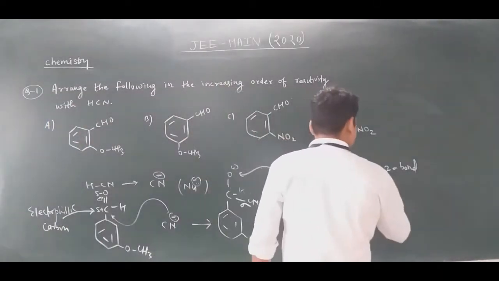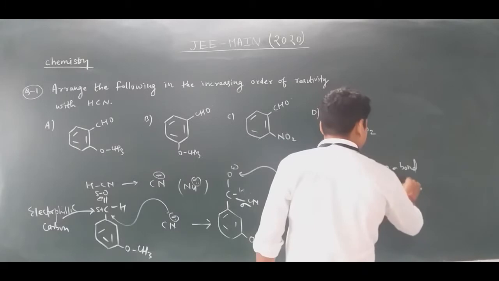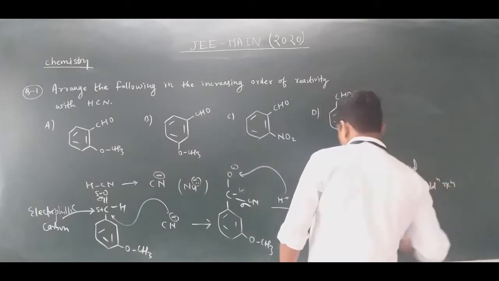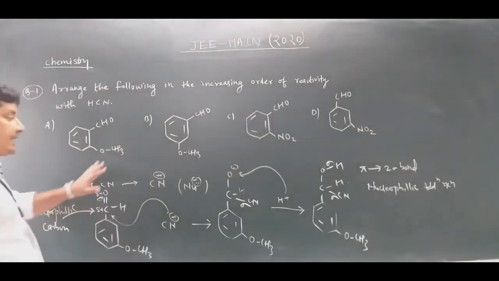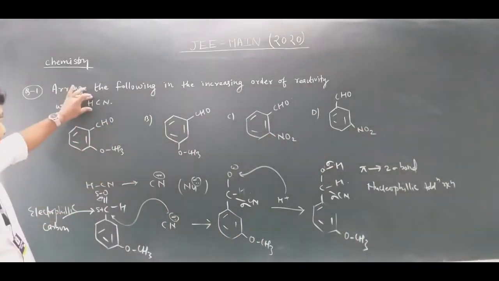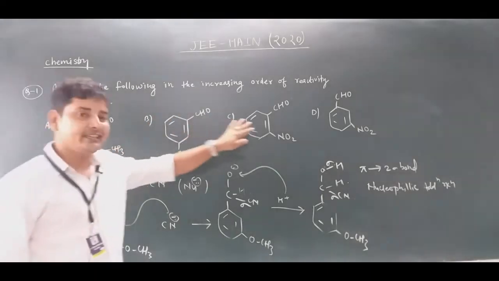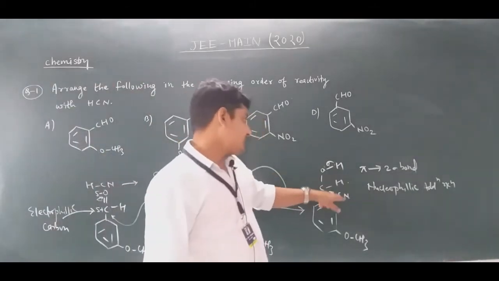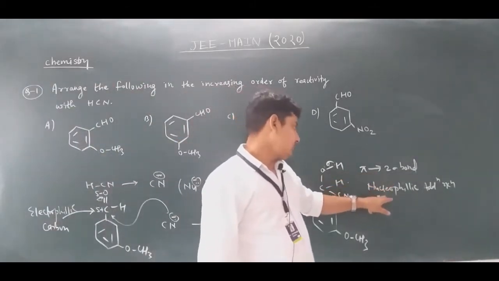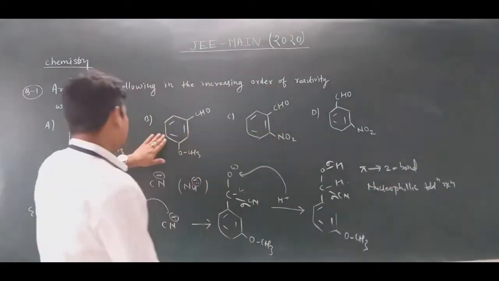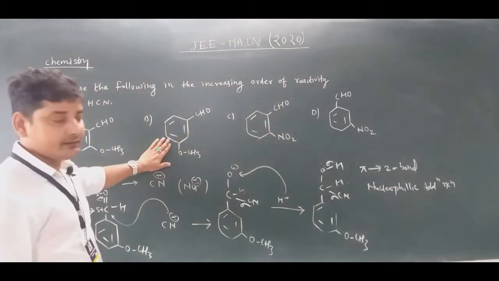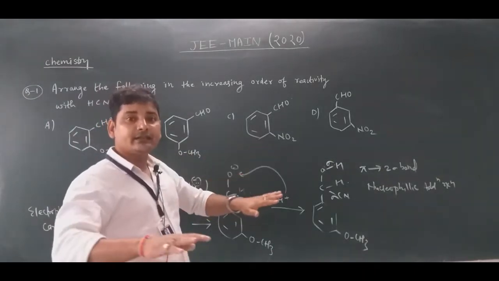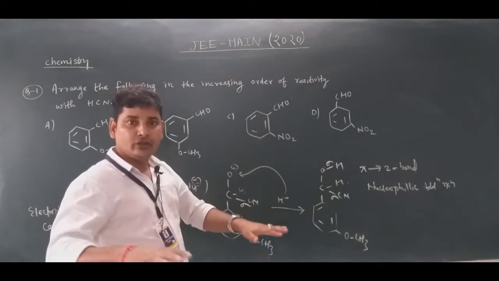So A will react with HCN to form cyanohydrin via nucleophilic addition, B will also react via nucleophilic addition, and C will also. Basically the type of chemical reaction taking place here is nucleophilic addition reaction.